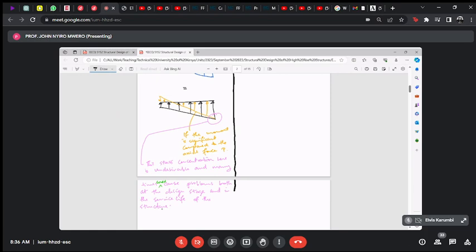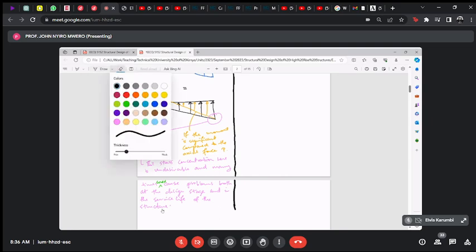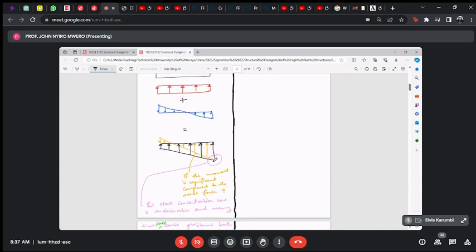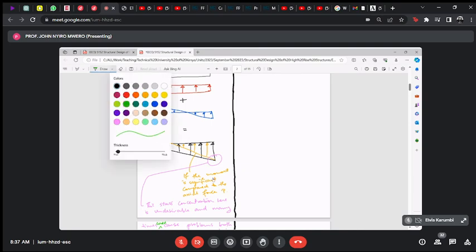Probably when you went through the course on foundation engineering or geotechnical engineering and discussed this, it might have been mentioned that the stress concentration is undesirable. But also, just to further this thought, that negative pressure up here is also undesirable.